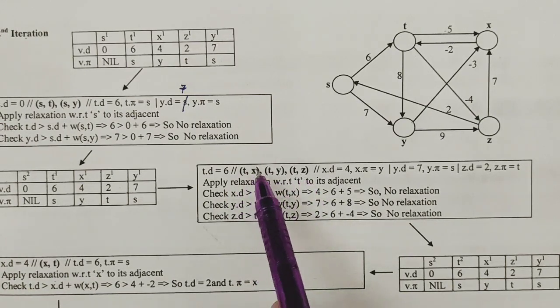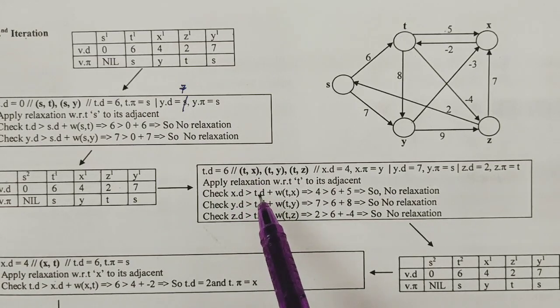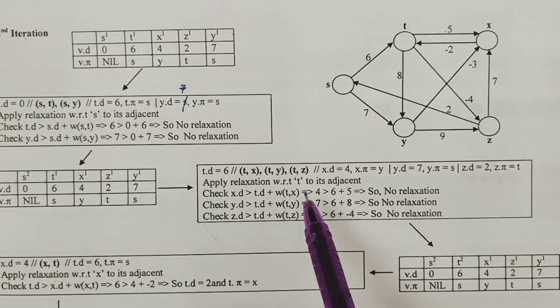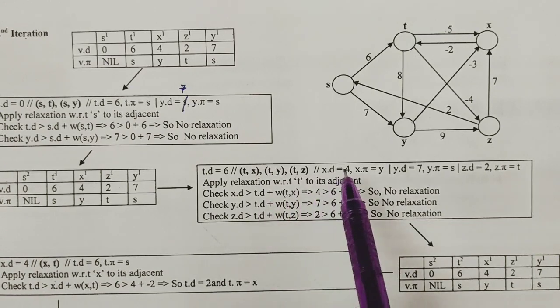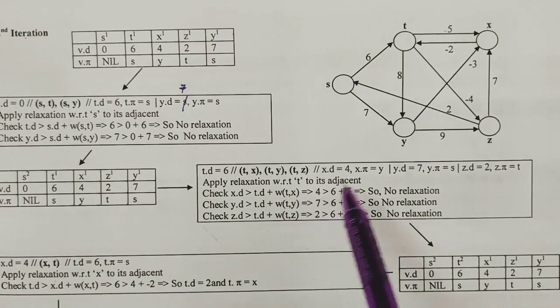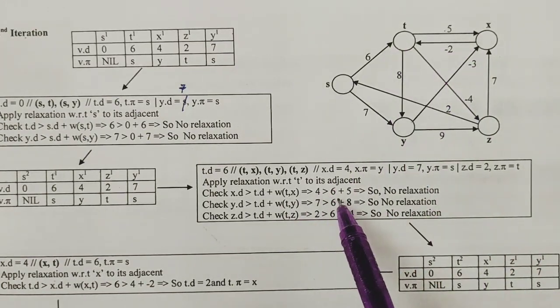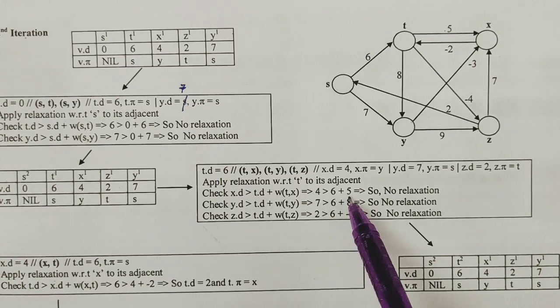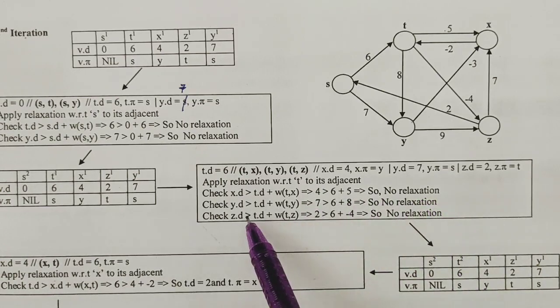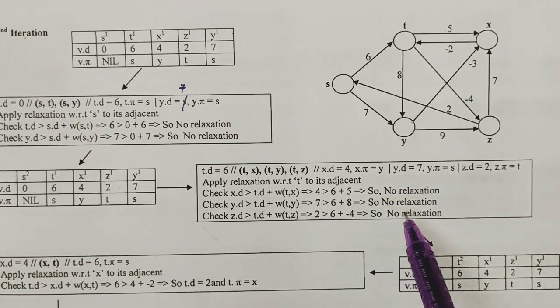So take up the first edge t2x. So x dot d is greater than t dot d plus w of t to x. X dot d is 4, greater than t dot d, which is 6, plus t2x. T2x is 5 units. So 4 greater than 6 plus 5, 11? So it is false, so no relaxation. You have to check this one and you have to check the third one. In these three cases, there will be no successful relaxation.